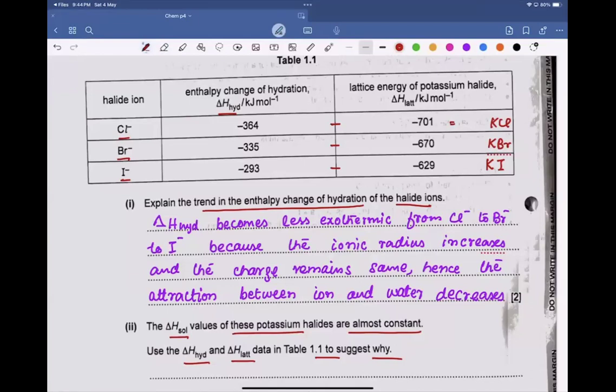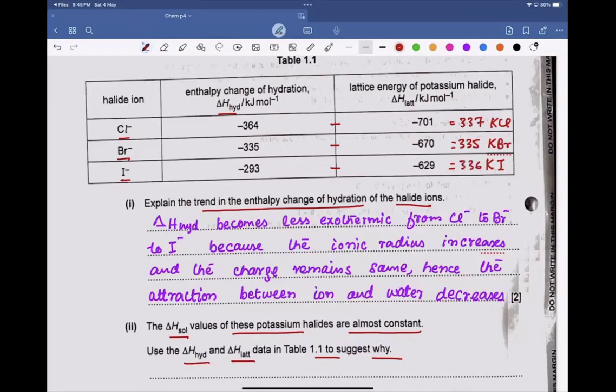Can anyone calculate it quickly and tell me the difference between the two values? Yes, 337. Then the second one, 335. And the third one, 336.